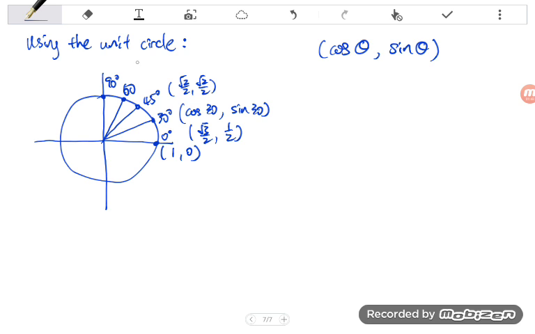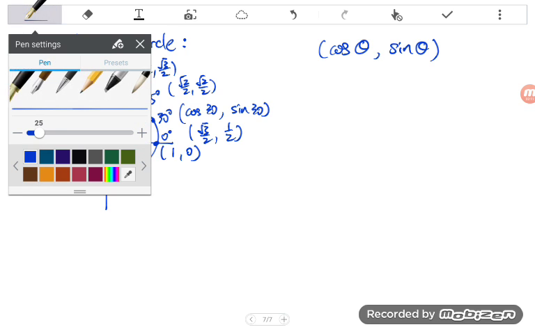So for 60 degrees, the cosine is going to be half, and the sine is going to be root 3 over 2. And finally, for 90 degrees, the x coordinate, cosine 90 degrees, gives us 0, and sine 90 degrees, the y coordinate, gives us 1. So this is nothing new, and previously, we also learned how to reflect it.